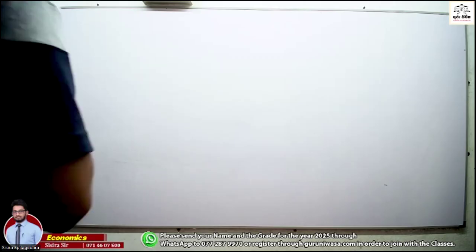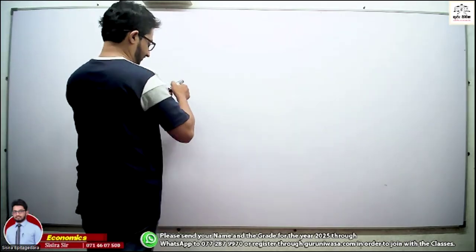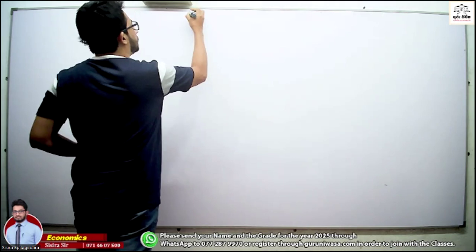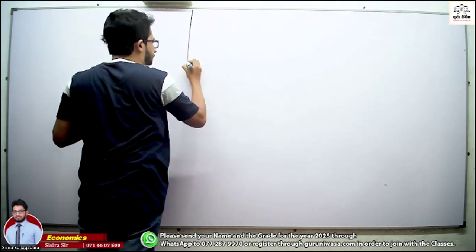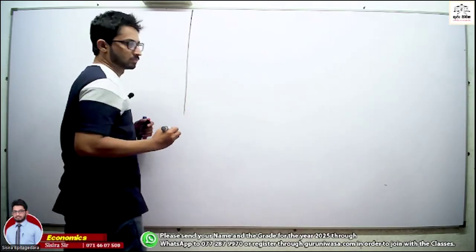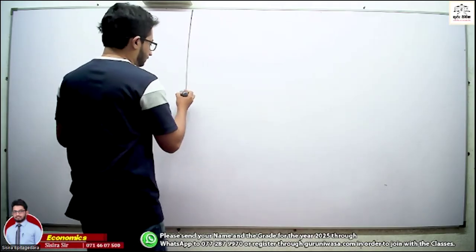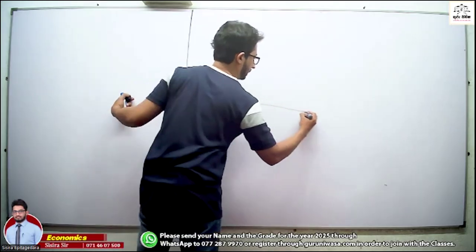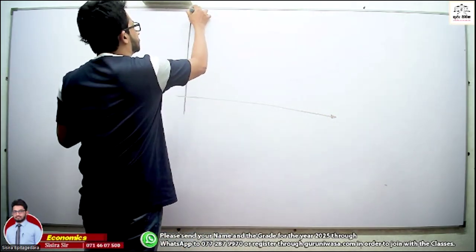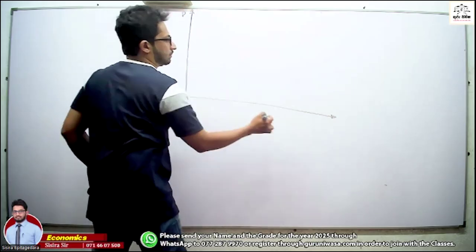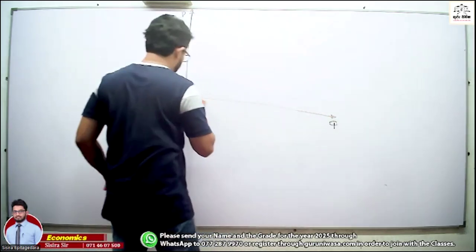Okay, I'll also draw it. There are two axes. Simple. Price, quantity, and 0.